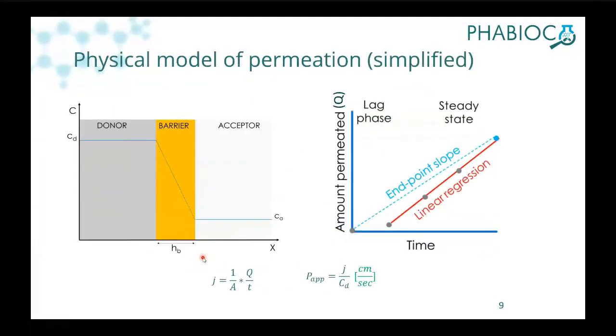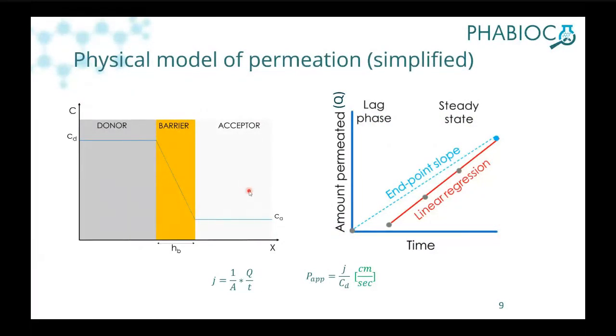The physical model on which permeability is built is basically the one represented here. Every permeability experiment is based on a donor compartment where the drug is placed, a barrier, and you can choose from one of the previously mentioned barriers, and the receptor compartment.